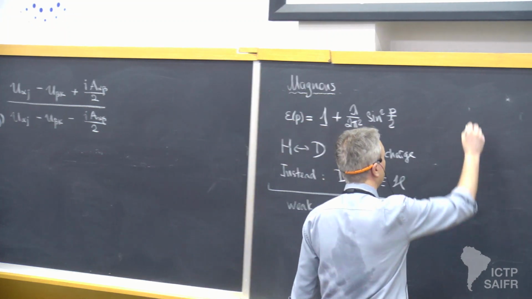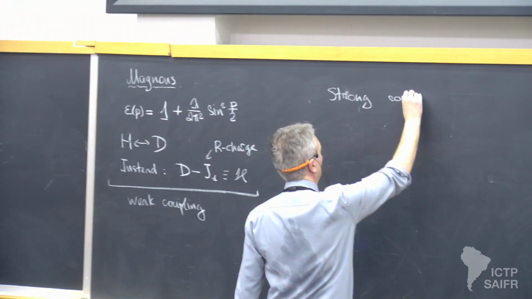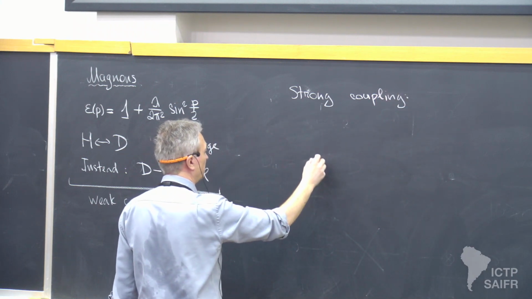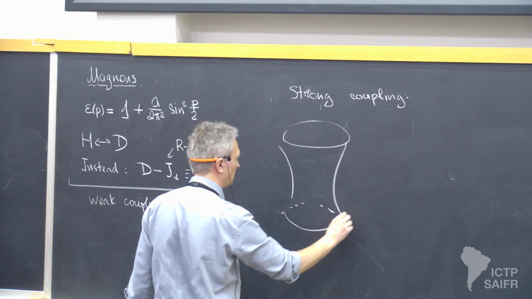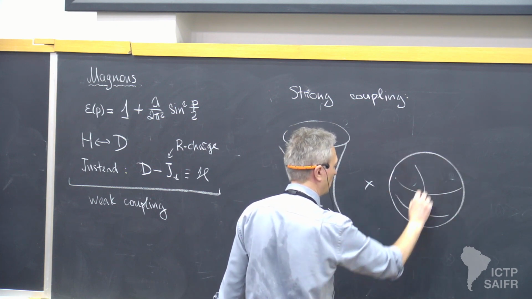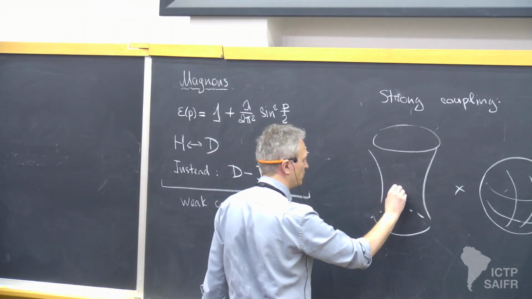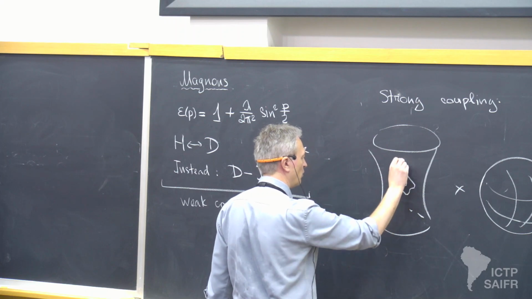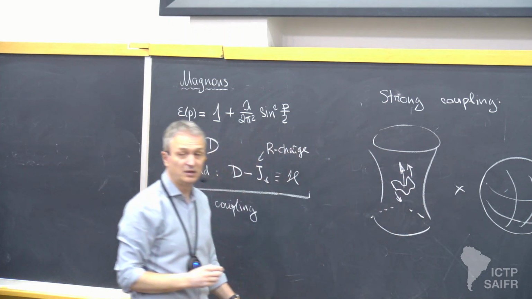So at strong coupling, we should consider the string that propagates in AdS5 cross S5. So we'll have a closed string that somehow moves in this space, and at the same time it can rotate and oscillate.